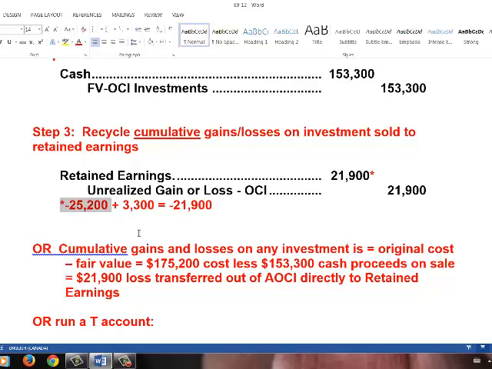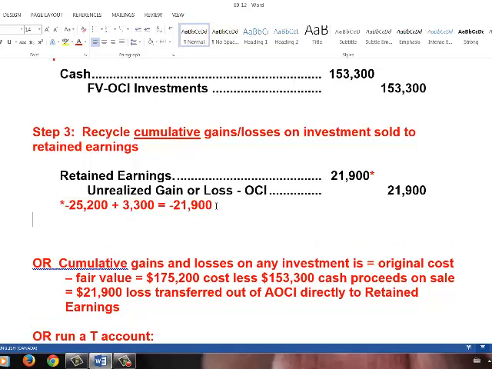The fair value that you adjusted it to by making that $3,600 fair value adjustment was $150,000. So you actually had an unrealized loss there on the investment of $25,200. So maybe I can do a line in here and tell you that that negative $25,200 was a result of what we did in 2014.